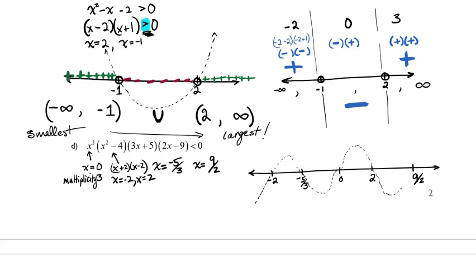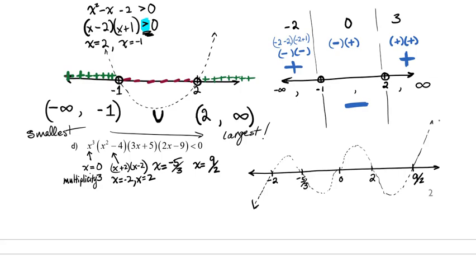And at 9/2, it will cross again. And it will leave from the top right. Notice that this polynomial has an odd behavior. On the left, it approaches -infinity, and on the right, it approaches +infinity. This will be helpful as you move forward with these polynomials and learning how to graph things.